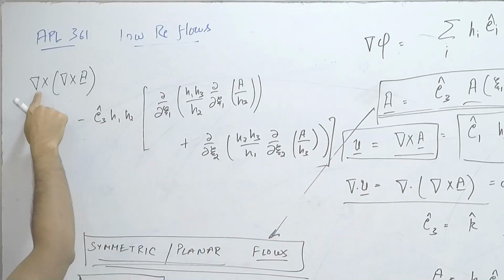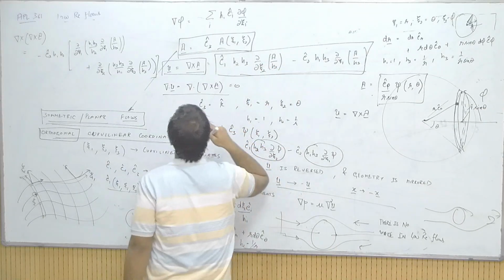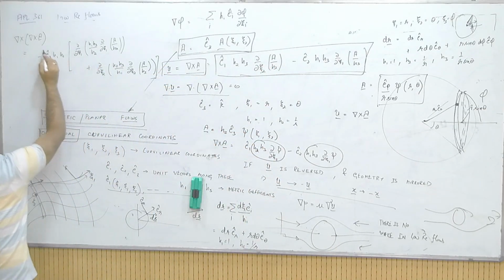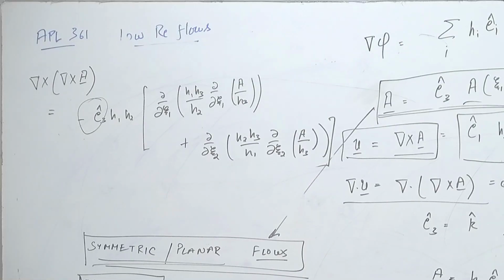Okay, so del cross A. So your A had only E1 E2 directions. So a curl of that, you have only component in E hat 3 direction. Okay, so del cross of A looks something like this.